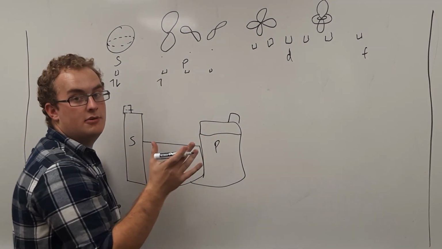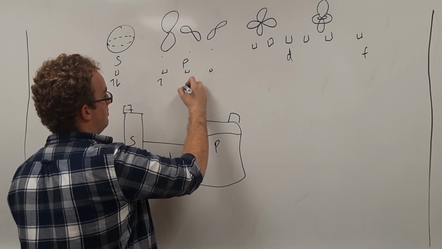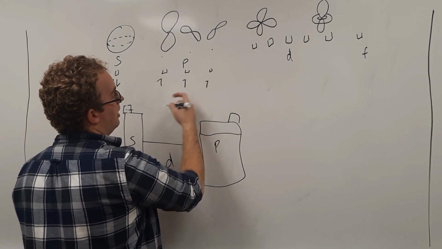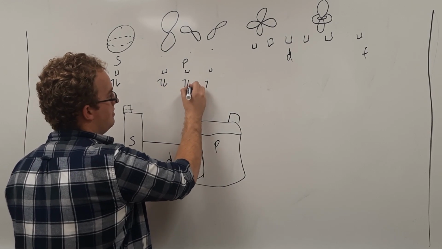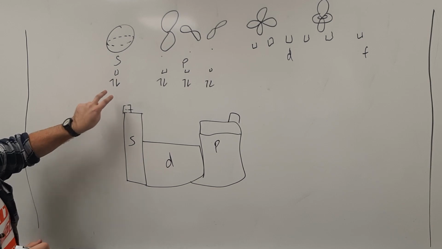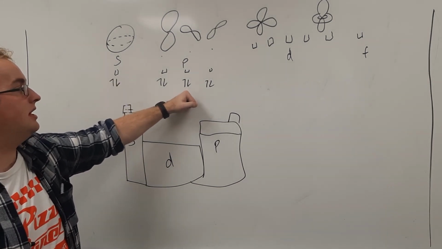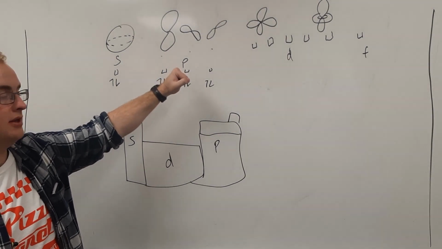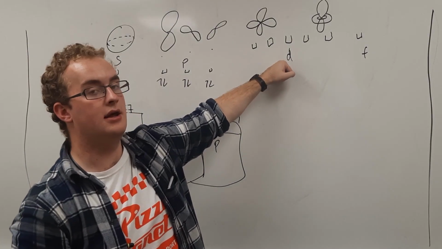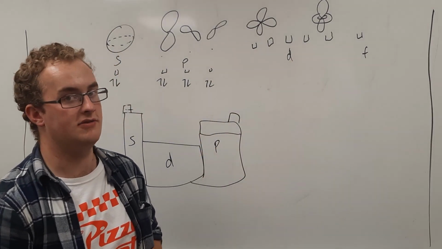That's the maximum that they can hold. They don't have to be filled, but in theory that's what would happen. They would have a spin up, and then a spin down, and same with these ones. So there are a maximum of 2 electrons in my s orbital, a maximum of 6 electrons in my p orbitals, and a maximum of 10 electrons in my d orbitals, because there are 5 orbitals, 2 electrons in each of them.